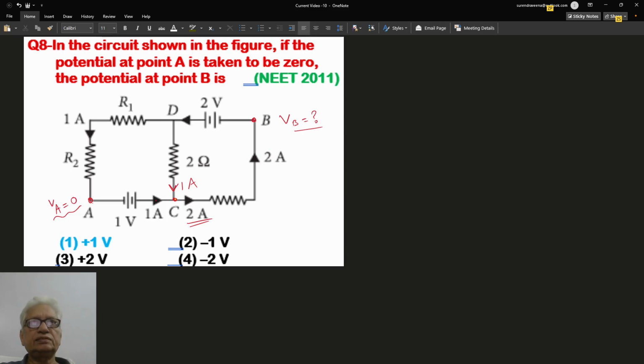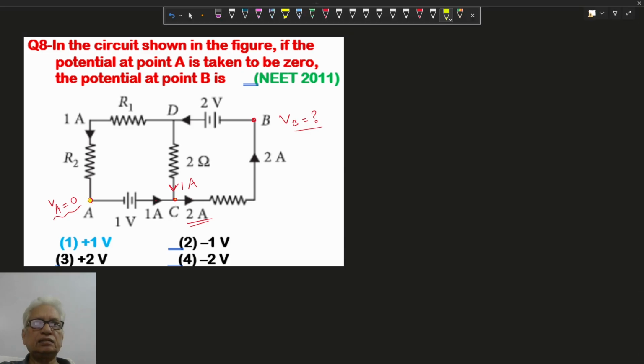Question 8. This is a circuit given, and the potential of point A is given.